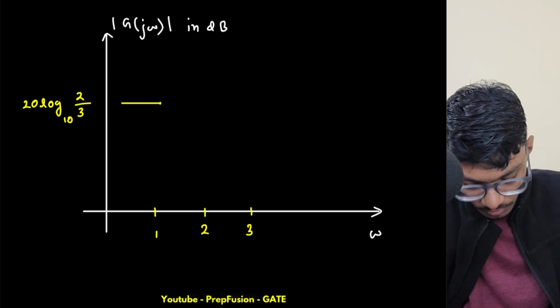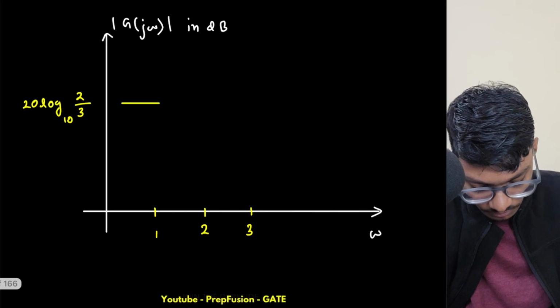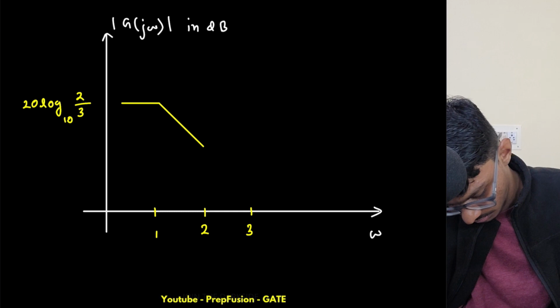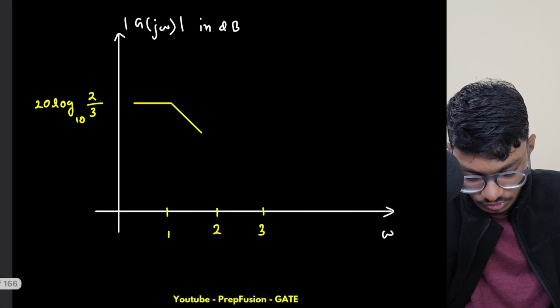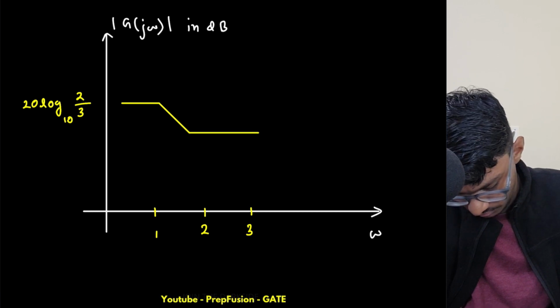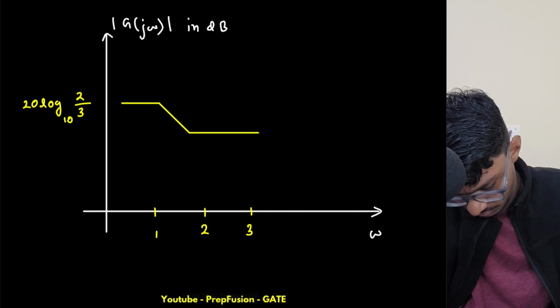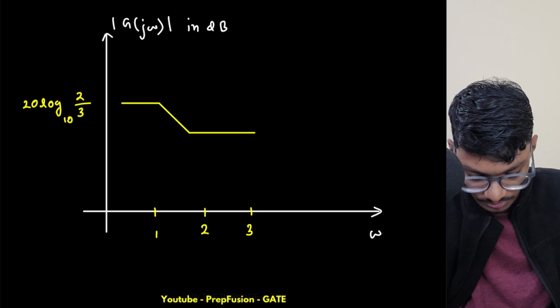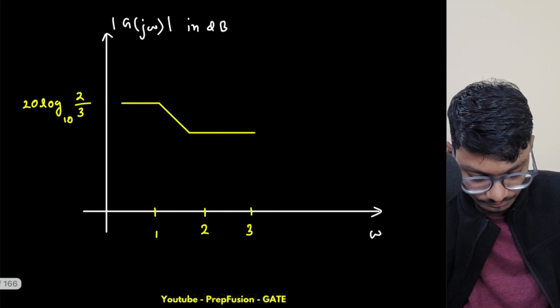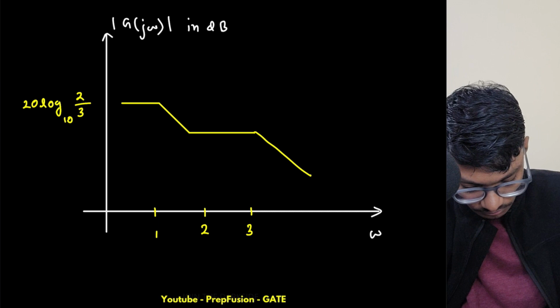Between 1 and 2, my slope is minus 20. After that, its slope becomes 0. After that, again my slope becomes minus 20 after 3.